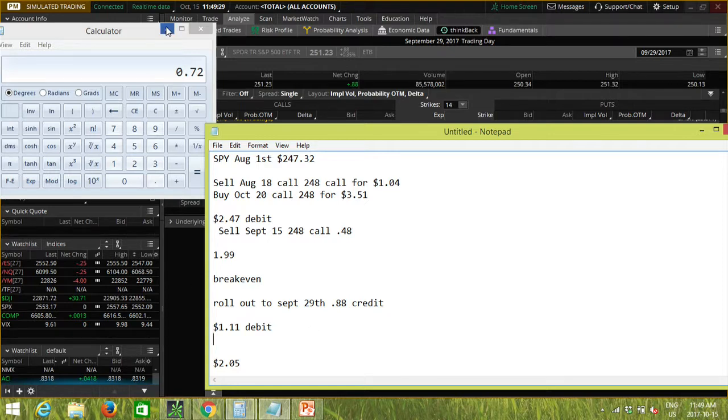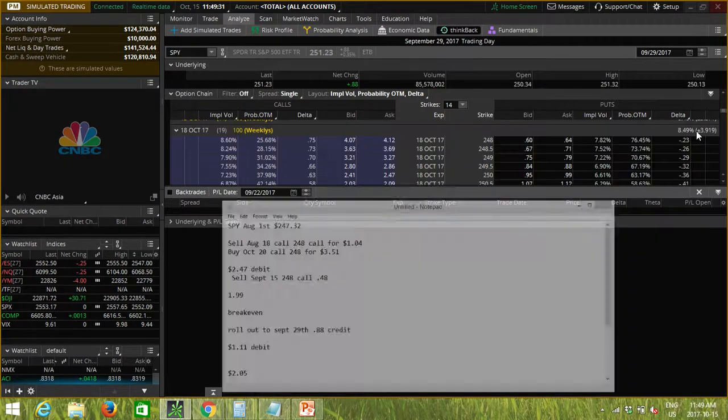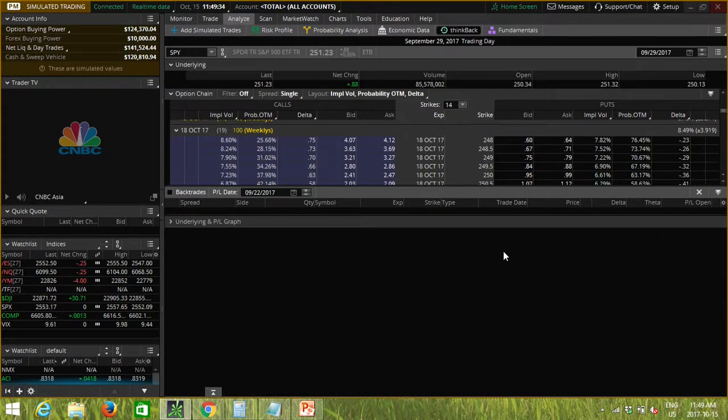So these, like I said, I find these options are priced to perfection. It's really difficult to make money on a calendar spread. Now, you can sell a different strike, but again, that's going to mess everything up too, because if it continues to go up, then you have to pay more.